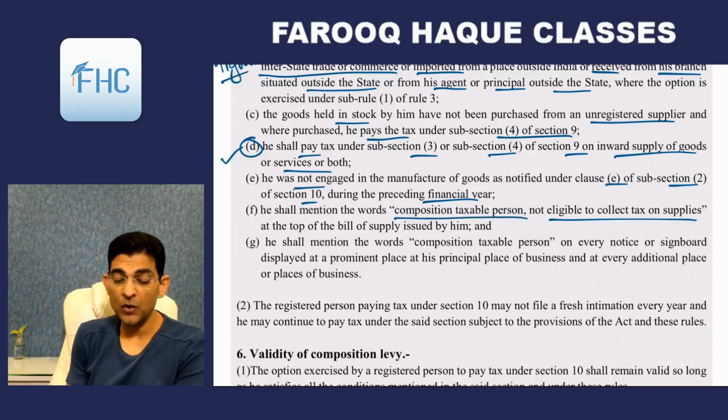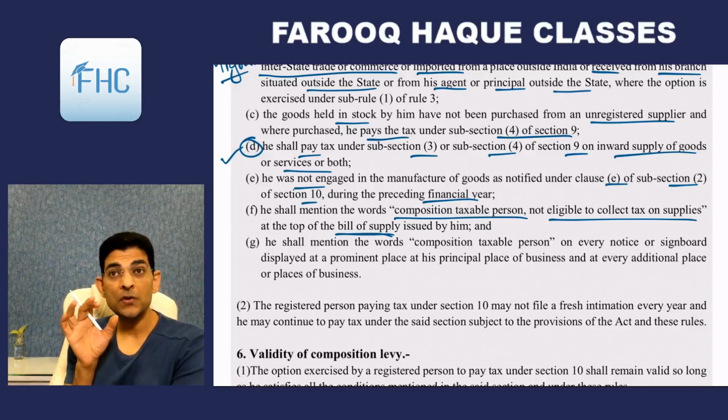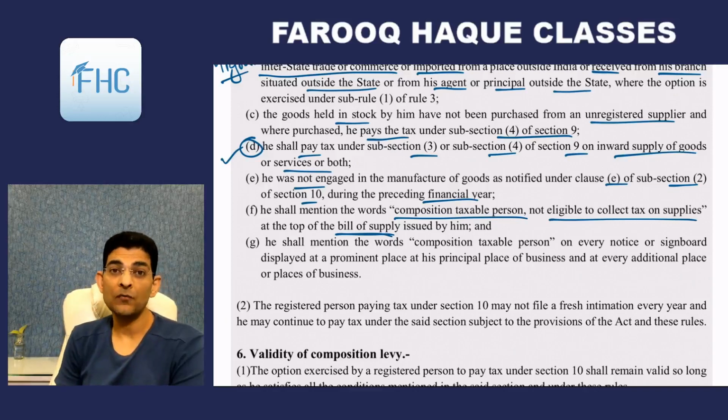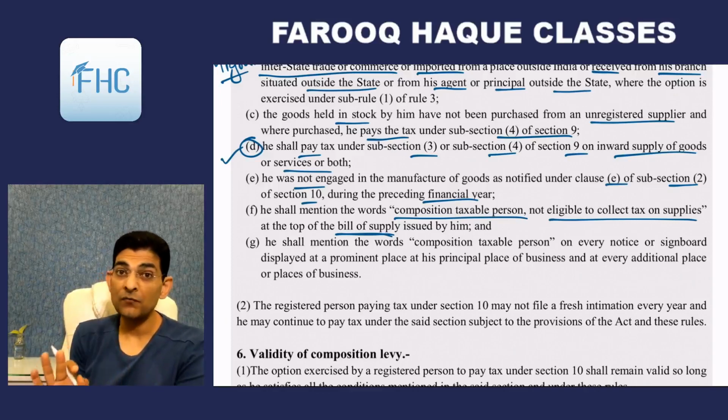These words have to come on his invoice or the bill of supply. They will issue bill of supply, not tax invoice, and they will mention these words on top of the invoice, and then you cannot show the amount of tax separately in the invoice. You cannot collect it from the buyer.